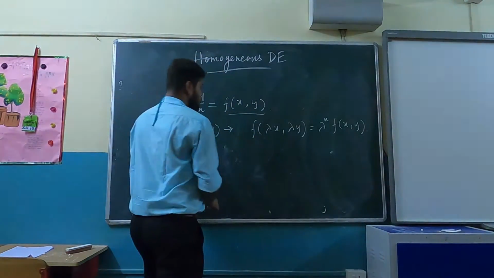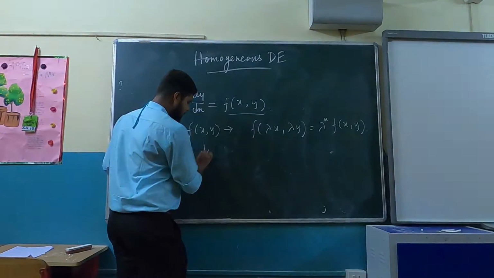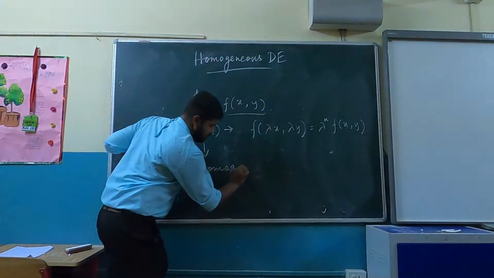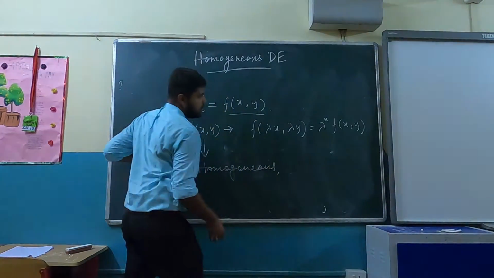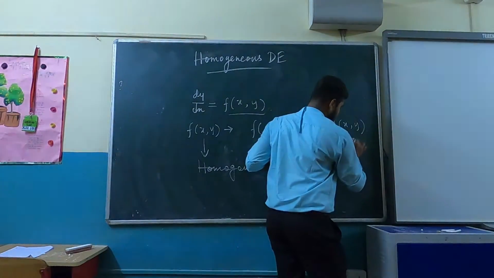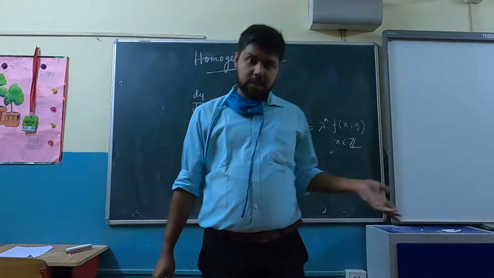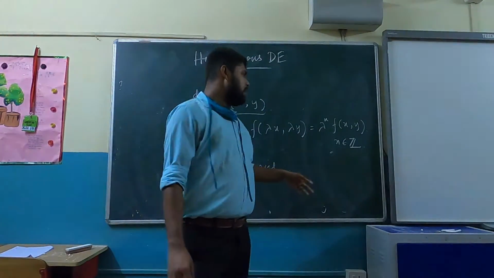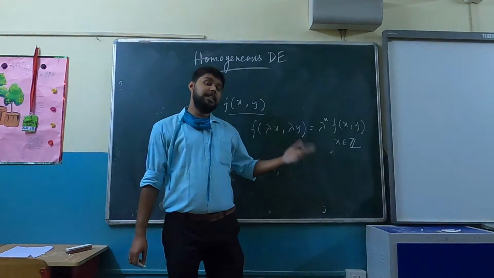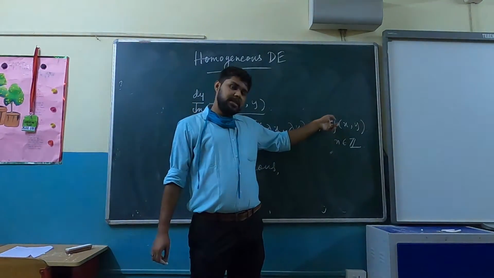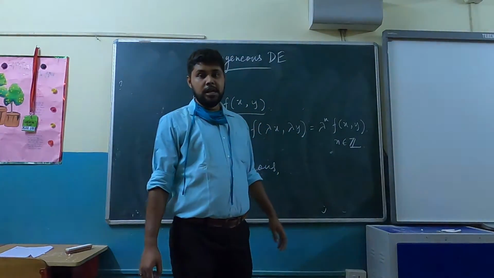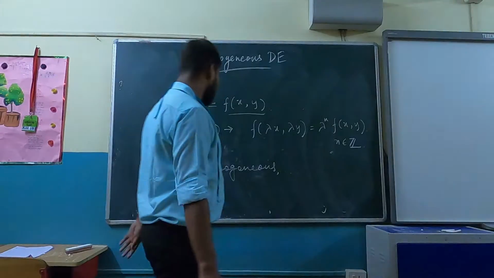then I say that f is homogeneous. This n belongs to the set of integers. It can be positive, it can be negative, whatever, but we will have a particular type. So if it is so, in that case it is called a homogeneous equation.